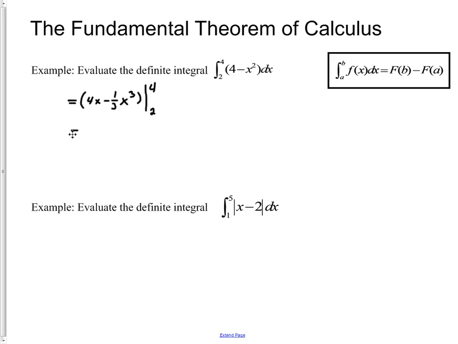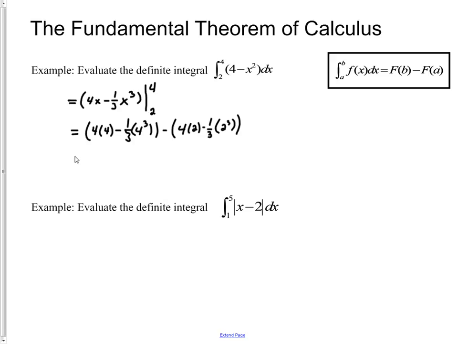So in this case, that looks like 4 times 4 minus 1/3 of 4 cubed. And we're going to take away from that the quantity 4 times 2 minus 1/3 of 2 cubed.